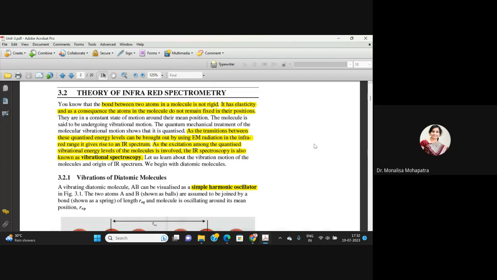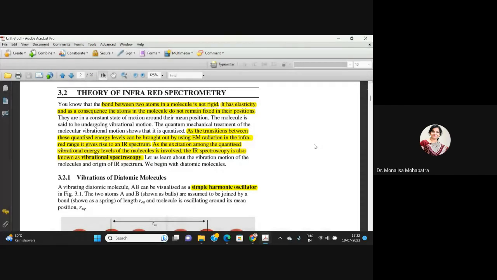But in the last class, in the second unit, we discussed UV visible spectroscopic method in detail, what types of transitions there can be, what Beer-Lambert's law is, and how you can apply it. So, in short, I had discussed everything with you. Today we'll move to another part, that is infrared spectroscopy.